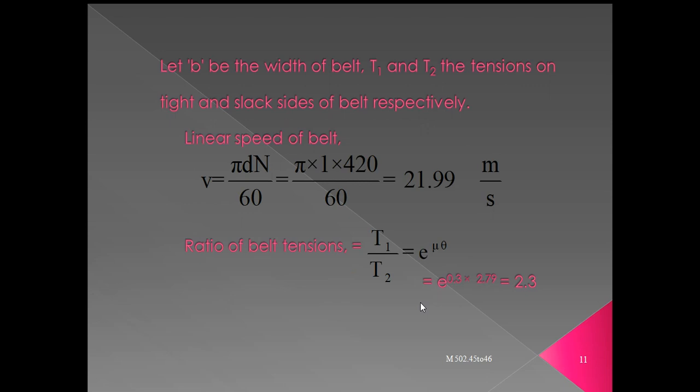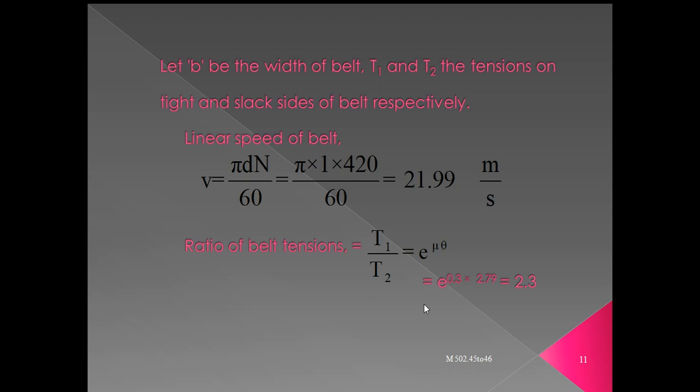So first we need to find T1, the maximum tension, that is tension on tight side. To find the tension on tight side, first we need to find the maximum tension equal to design stress of the belt into area of the belt.